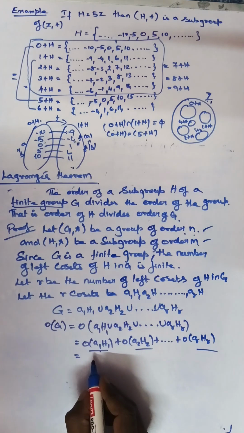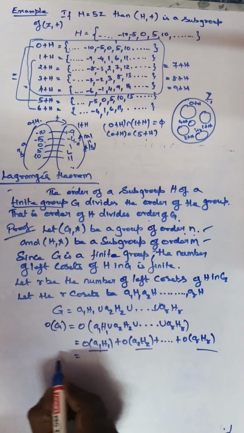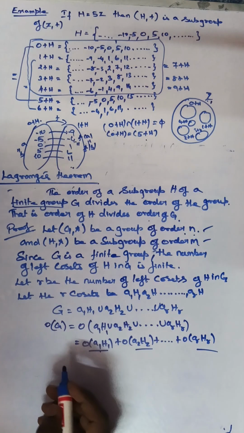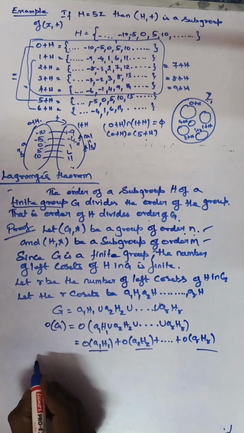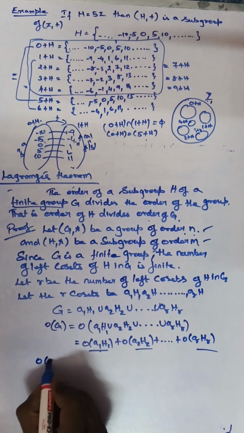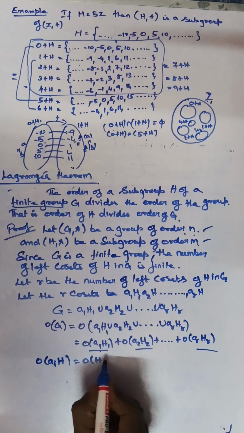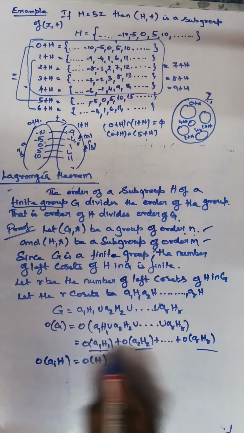So I can write the order of aiH is equal to the order of H, because all have the same number of elements.